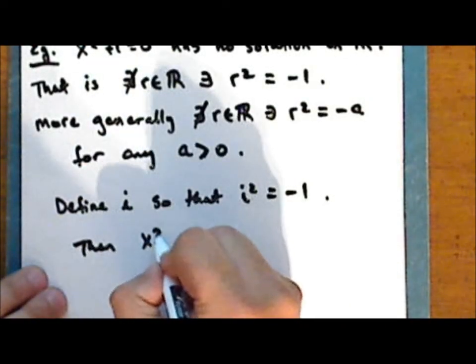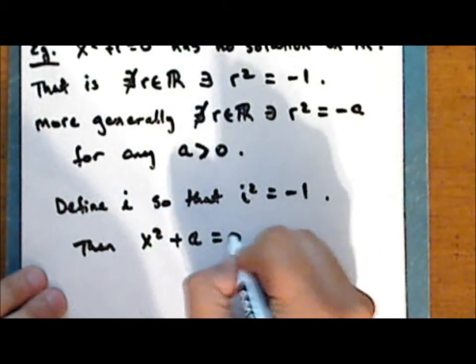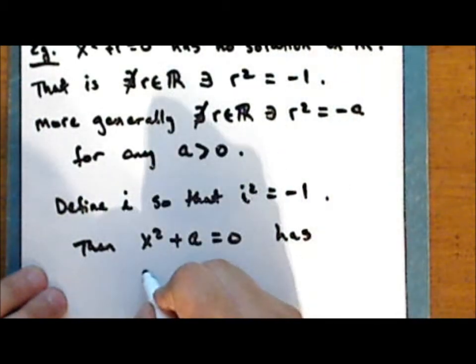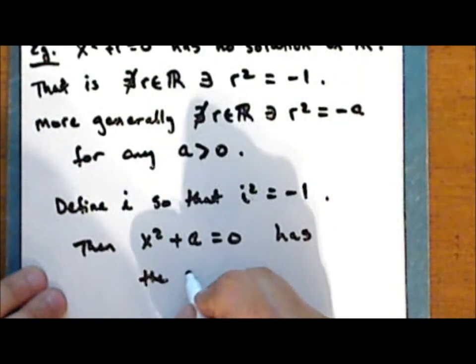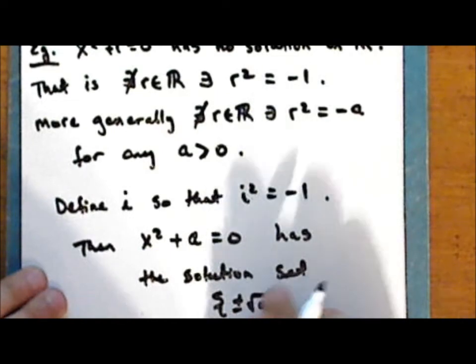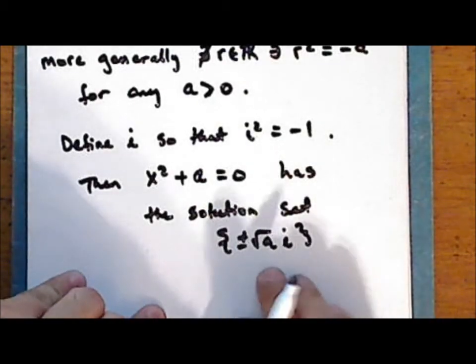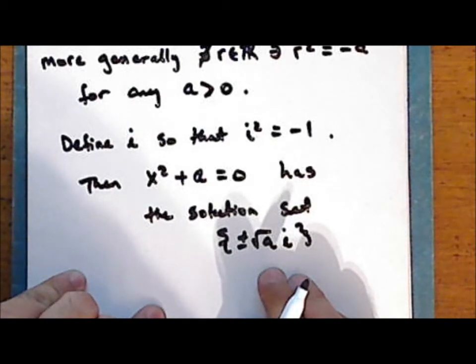And then the equation x squared plus a equals 0 has the solution set plus or minus the square root of a times I. And numbers of this form were originally called fictitious numbers and later imaginary numbers, and that terminology has remained to this day.